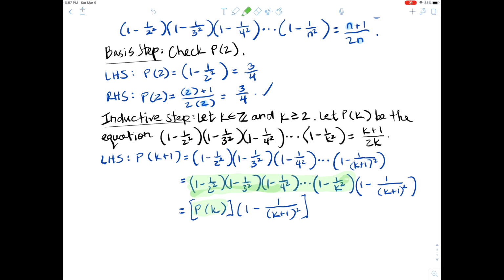And again, that comes from all of this being P(k). All right, so now what did P(k) equal? Beautiful, it equals (k plus 1) over 2 times k. And we're going to be multiplying this by (1 minus 1 over (k plus 1), the quantity squared).